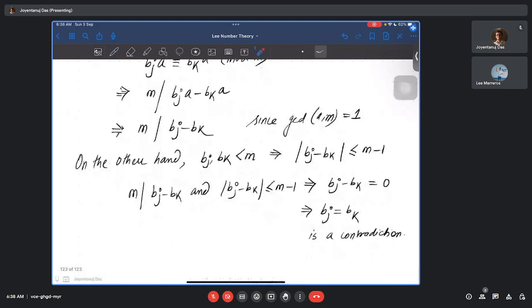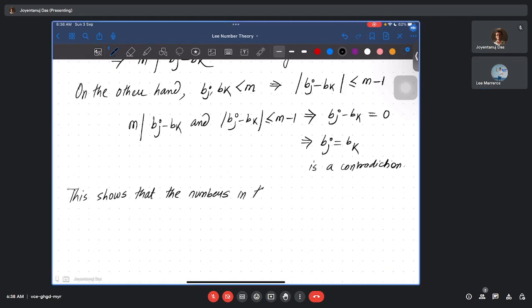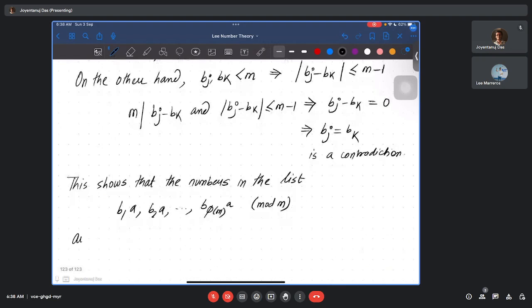This shows that the numbers in the list b1a, b2a, and so on up to b phi(m) of a, mod m, are all distinct modulo m.